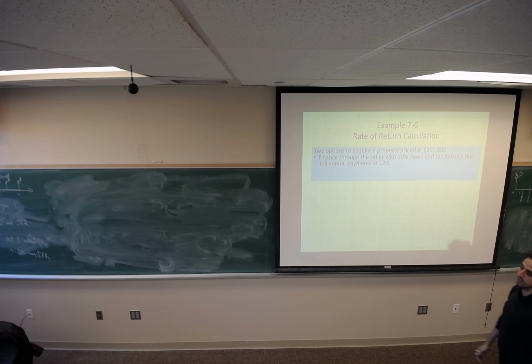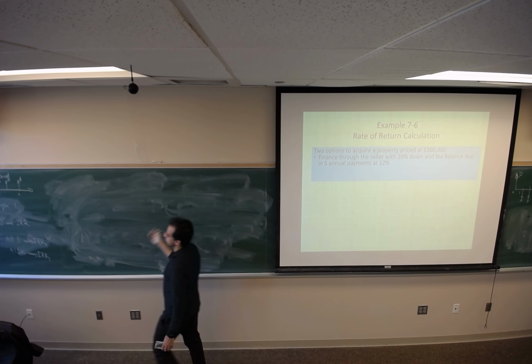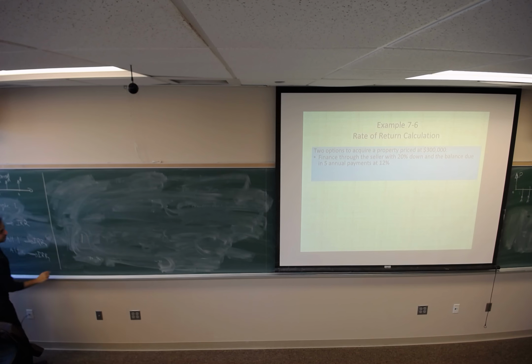It's not the right approach. The right approach is applying the incremental analysis that you will see later. So it's wrong to compare the IRR for the alternatives and pick the higher one.